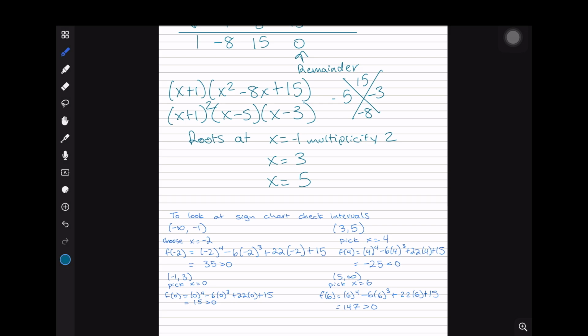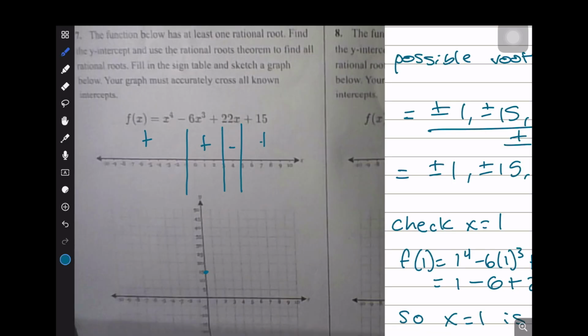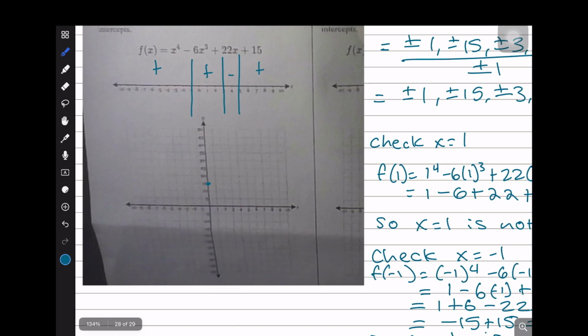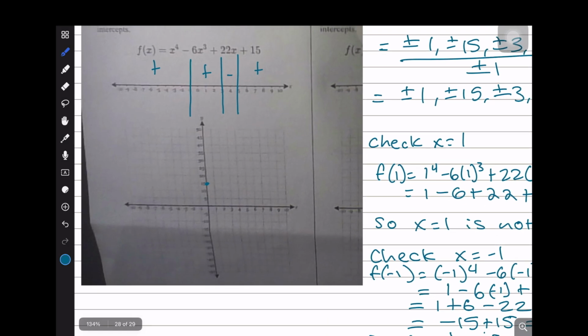Plug that into your original equation and see what your output is. So if we plug in negative 2, we get 35. That's positive, so that's going to be greater than 0. Continue the process. You can pause the video to do the math here. But essentially, you're going to end up with this on your sign chart. You're going to have positive, positive, negative, positive.